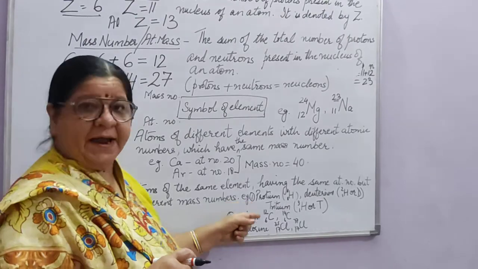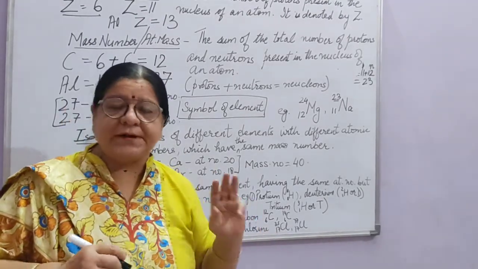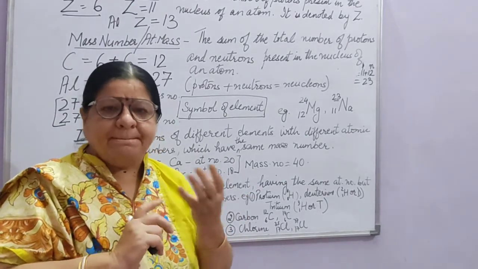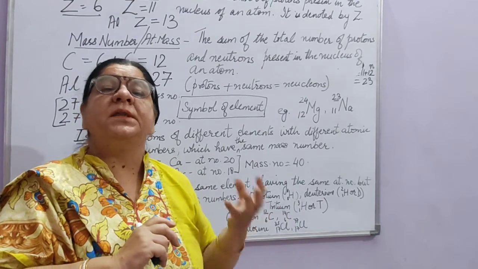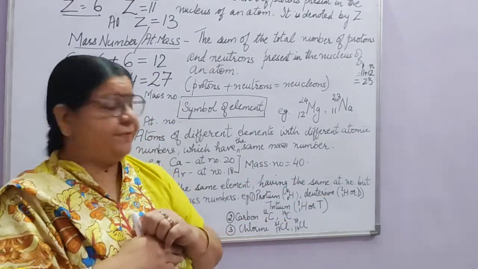Like in the case of hydrogen. Now in hydrogen, there are three different kinds of atoms found. Their atomic number will be the same, but their mass number, the atomic mass of different atoms, can be different.